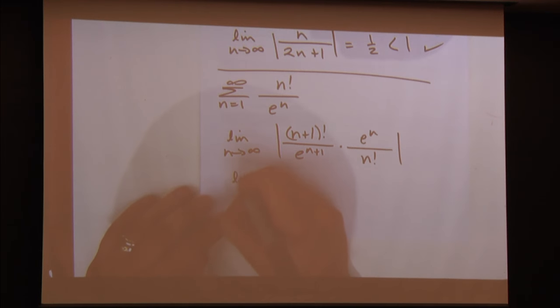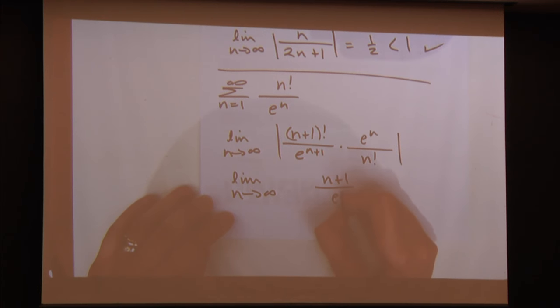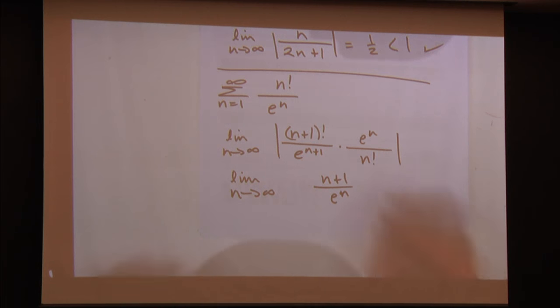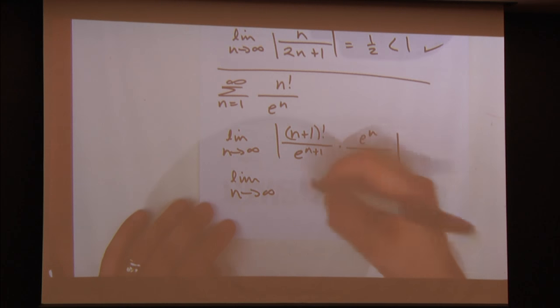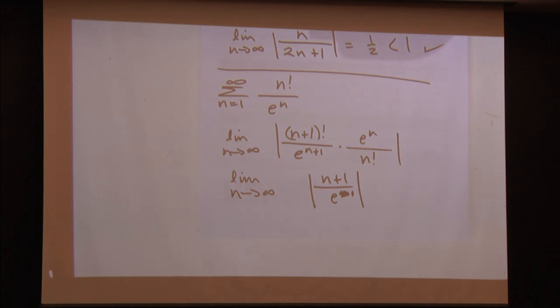We end up with the limit as n approaches infinity of n plus 1 over e to the 1. It's going to be e to the first power, which is just e. That's equal to infinity.